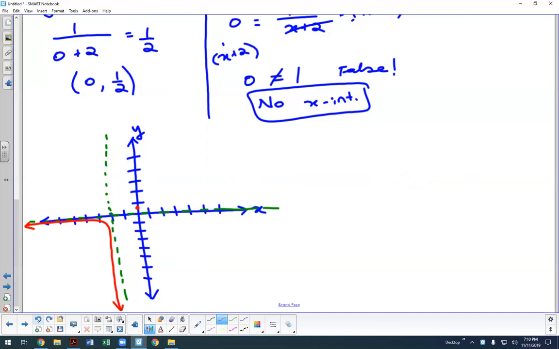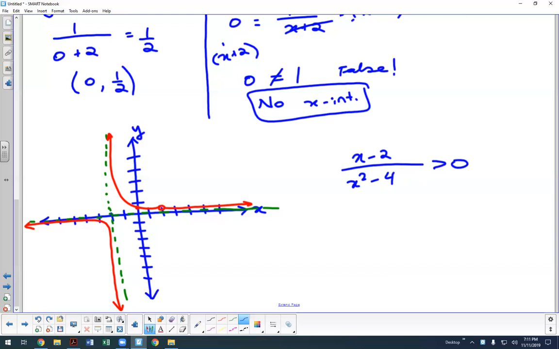It should have an open circle at this place, and then it should go up here. So this is strictly greater than 0.